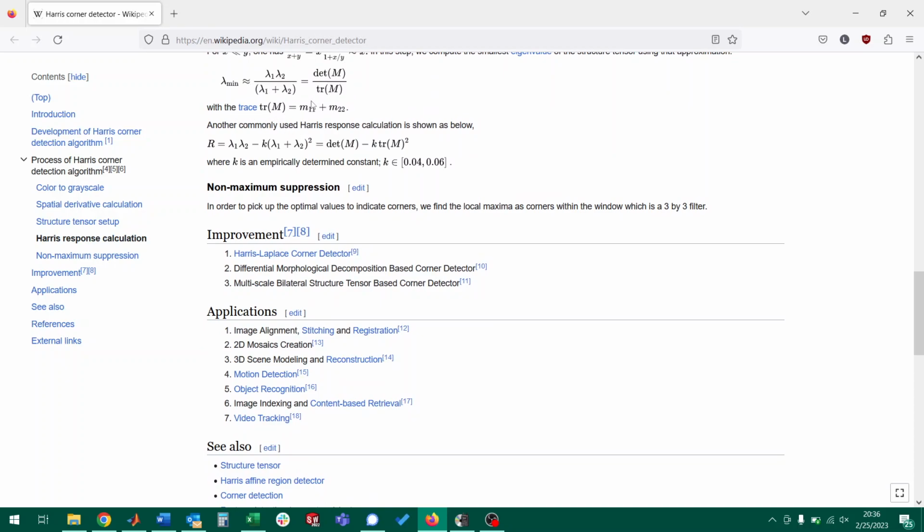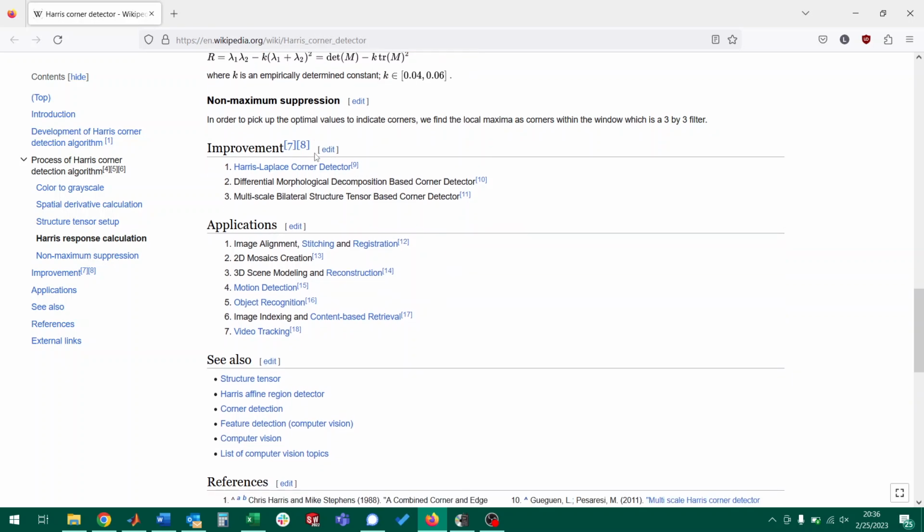Sorry, this was trace, not tensor. I just mixed that up. And then you just use the Harris calculation, and that's pretty much it.